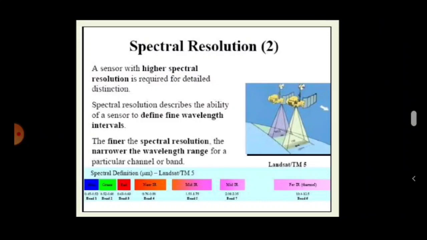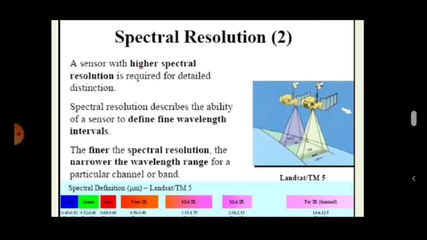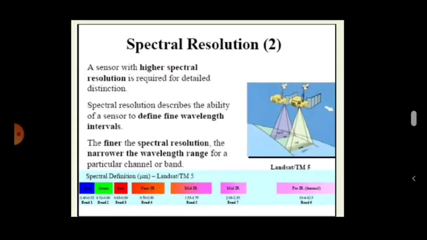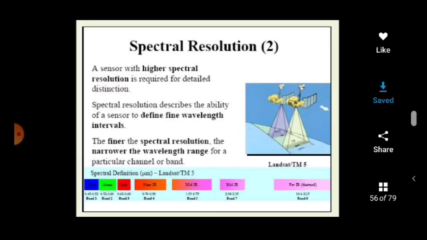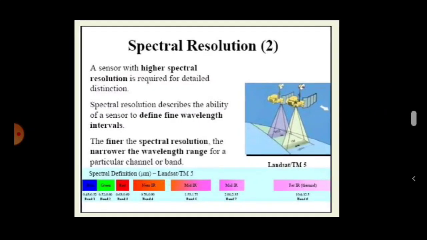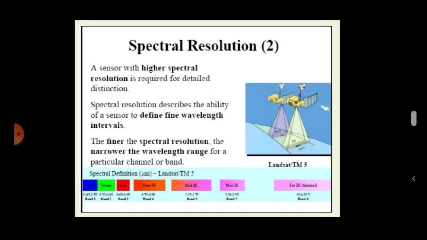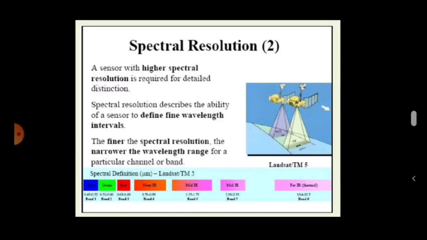So a sensor with higher spectral resolution is required for detailed distinction. Also, spectral resolution deals with the location and sensitivity of the chosen wavelength band. In other words, it is the ability of a sensor to define fine wavelength intervals.